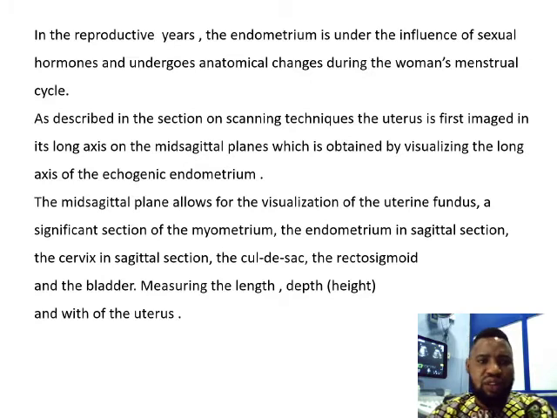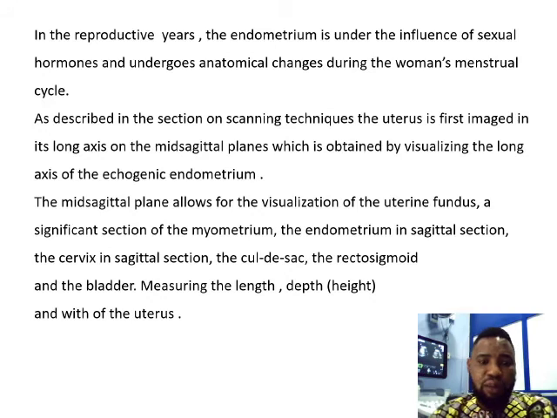In the reproductive years, the endometrium is under the influence of sex hormones and undergoes anatomical changes during the woman's menstrual cycle. As described in the section on scanning techniques, the uterus is first imaged in its long axis in the mid-sagittal plane, which is obtained by visualizing the long axis of the echogenic endometrium.